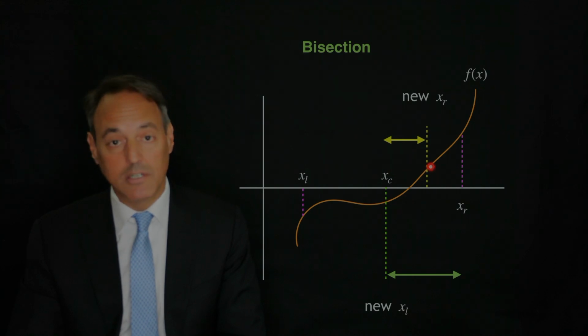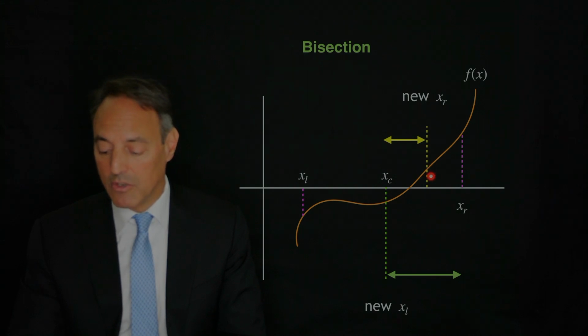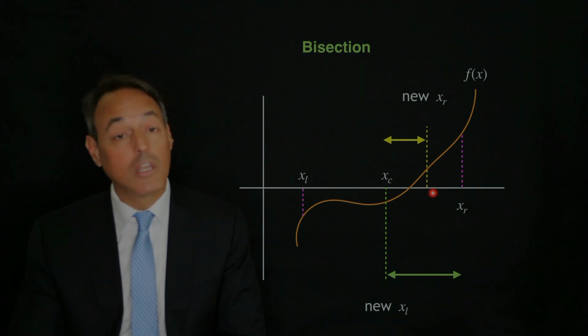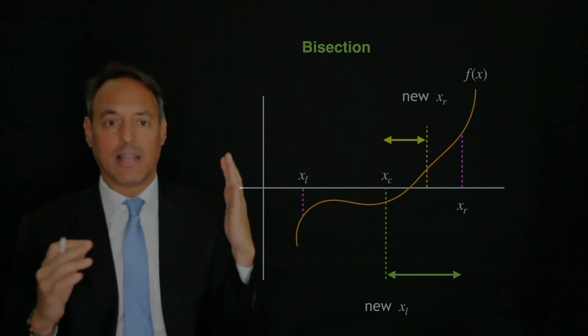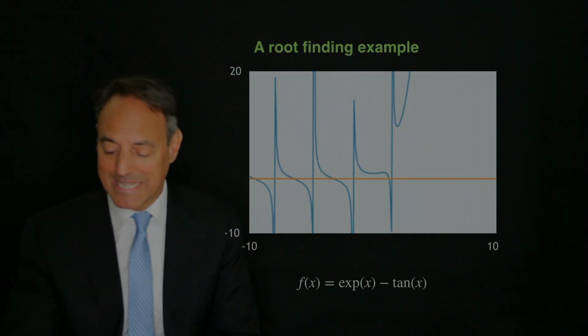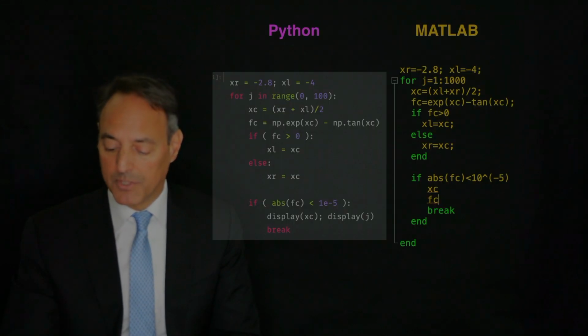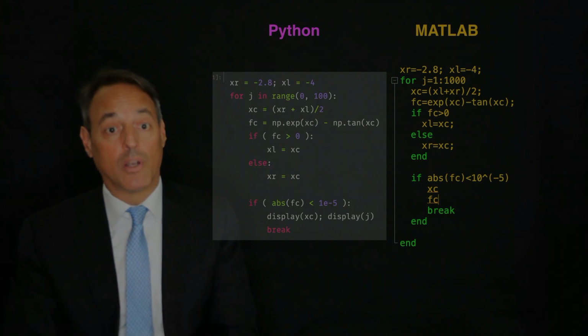That means this here is now the right point. So I can take this new value of x of r as this point here. So notice what I'm really doing here is I keep updating the left and right points as I cut this down just with these if statements. And that's exactly what we've done here, is we've updated either the right or left point depending upon where it sits in the interval.